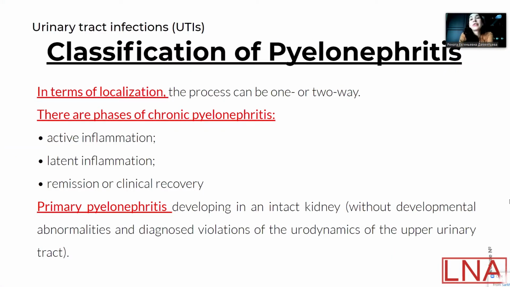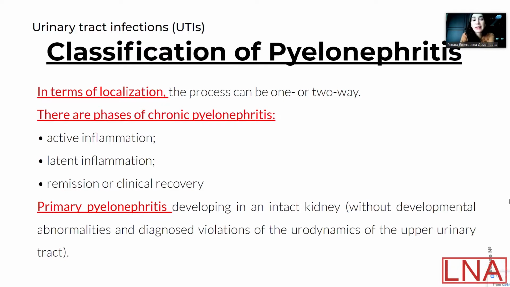So, classification of pyelonephritis. In terms of localization, the process can be one-sided or two-sided, common on both sides. There are phases of the chronic inflammation process of the kidney: active inflammation, latent inflammation, and remission or clinical recovery.